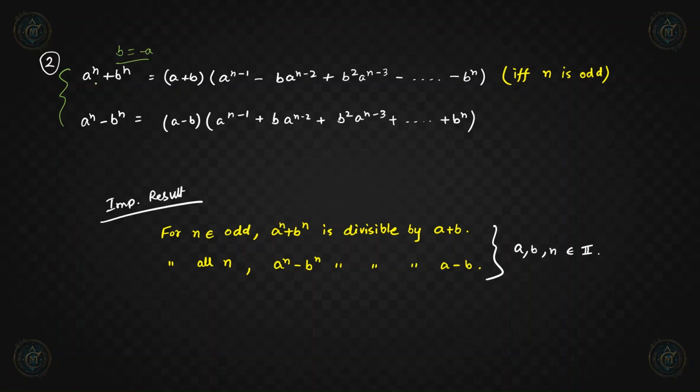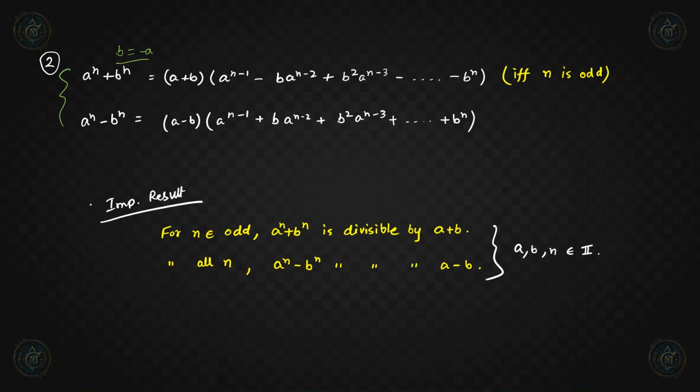Then this expression will definitely be equal to 0 because n is an odd integer here, right? That means b minus (minus a), which is b plus a, will definitely be a factor of this expression. Okay. Then we can generate the rest of the expression here. And similarly, we can prove this using the same method.